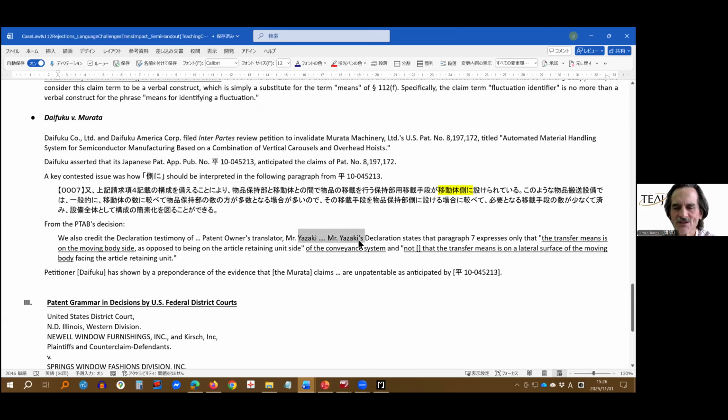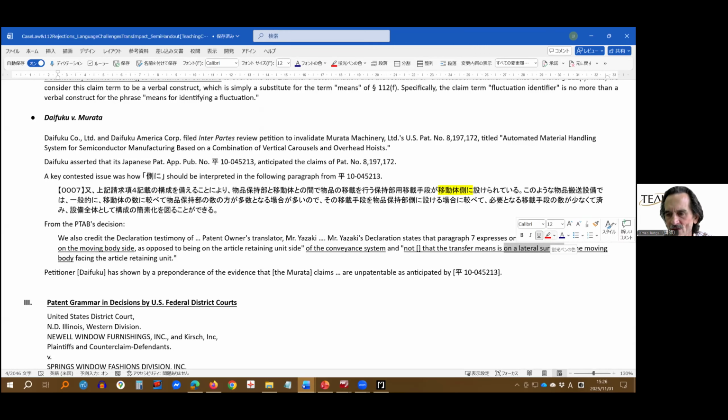And let me just read this. Mr. Yazaki's declaration states that paragraph 7 expresses only that the transfer means is on the moving body's side, as opposed to being on the article retaining side of the entire system, and not that the transfer means is on a lateral surface.